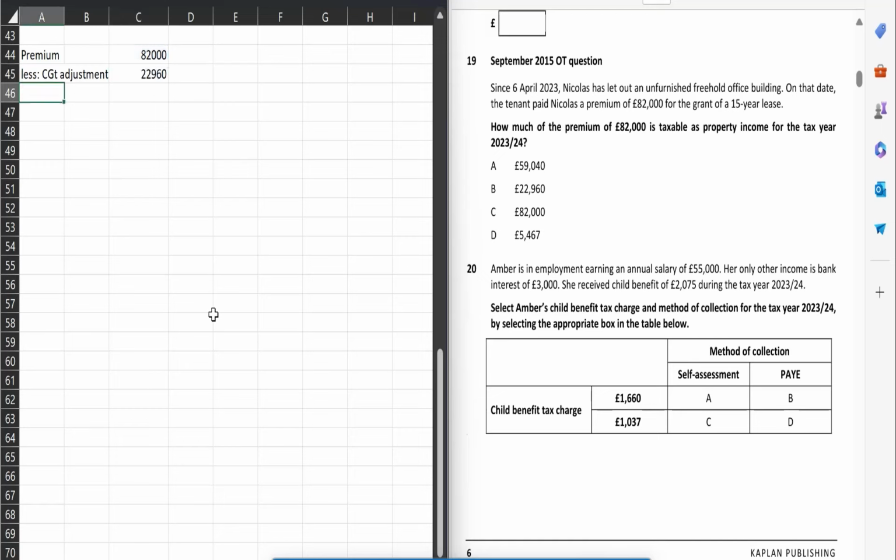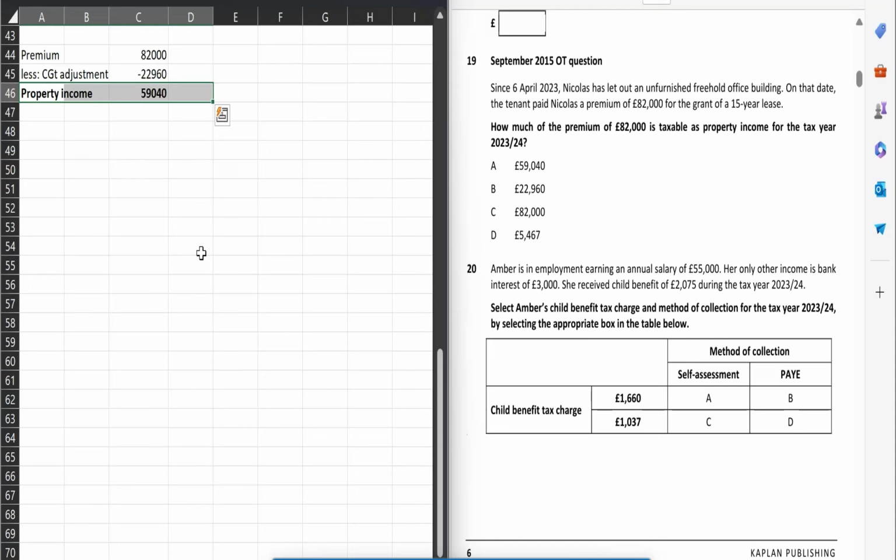Now the property income, they're only asking for the property income, not the taxable income, so it will be 59,040.